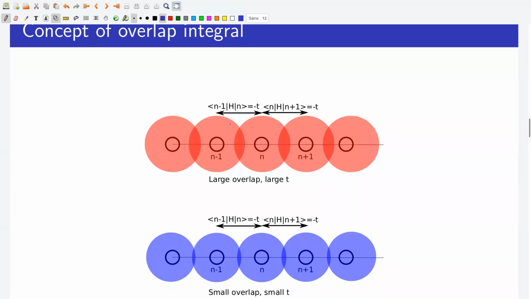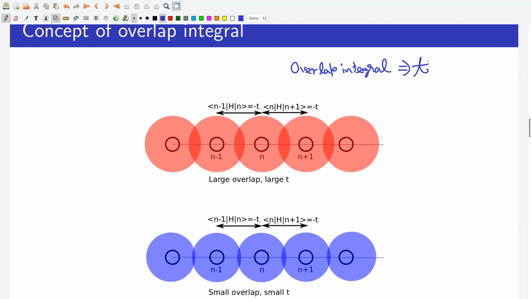The parameter is overlap integral denoted by T. You need not know how to get T at this moment.